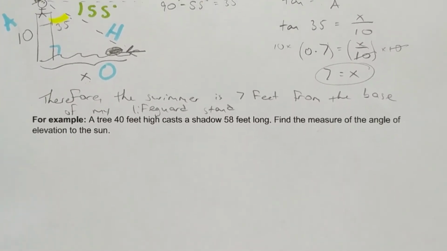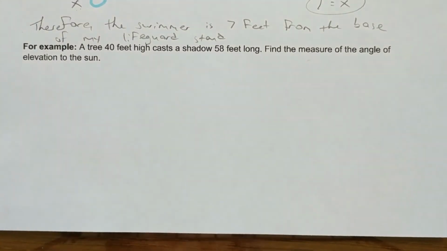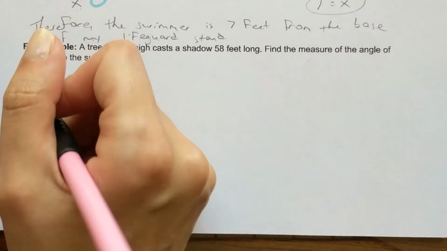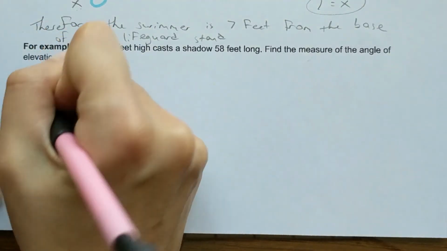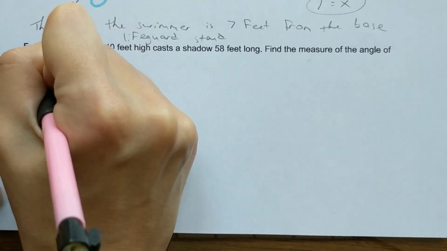Let's do a second problem here. A tree 40 feet high casts a shadow 58 feet long. Find the measure of the angle of elevation to the sun. Okay, let's start by drawing our tree. Okay, we'll make it an apple tree.